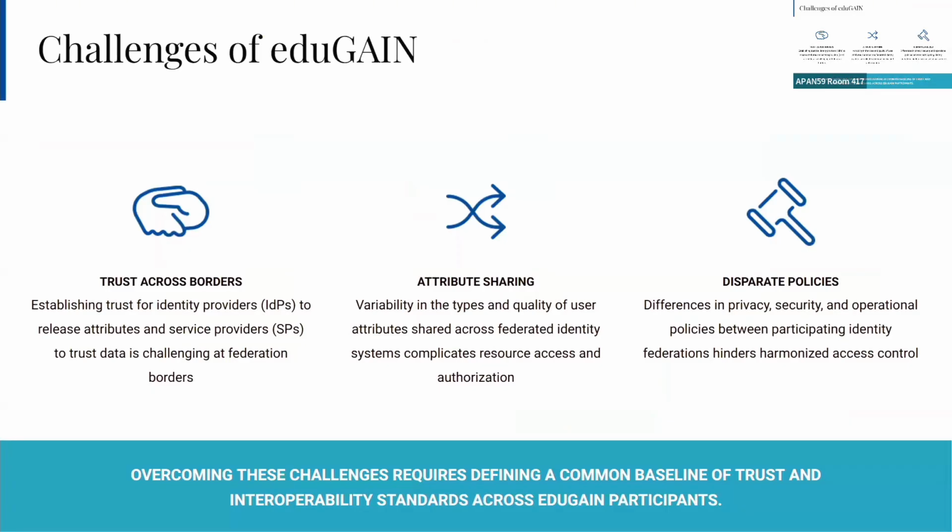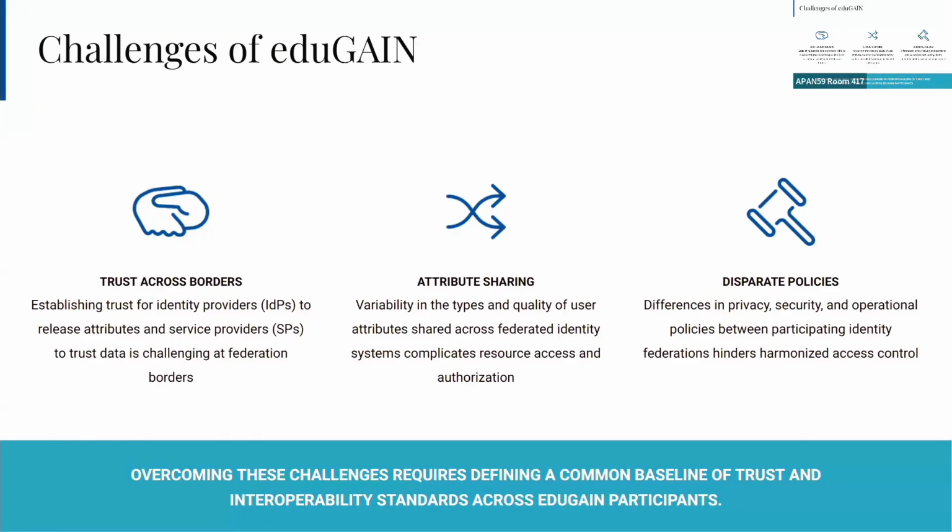Challenges of eduGAIN. All we have said is about how successful eduGAIN is because of the number of entities and identity federations. But we face true challenges, because trust across borders, which is about access to global resources, is not easy. It's quite difficult to have identity providers release attributes. It's difficult for home organizations to trust users' data into the international service providers' hands.